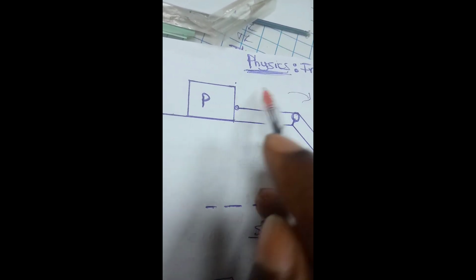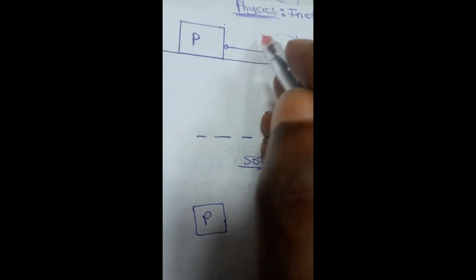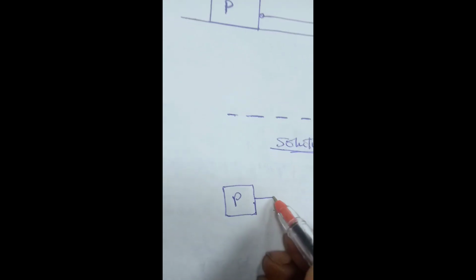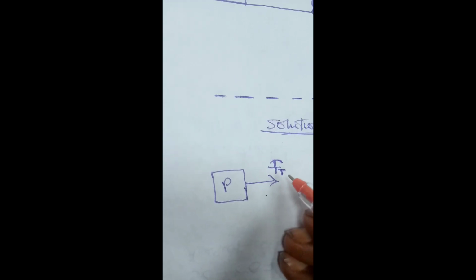The two boxes are moving, this one is moving this way and this one is also moving downward. Meaning the tension is acting along this direction. Are you getting my point? That means in here we are to indicate that the tension is acting like this. So this will be the force of tension, force T.